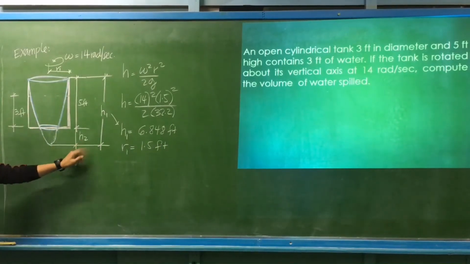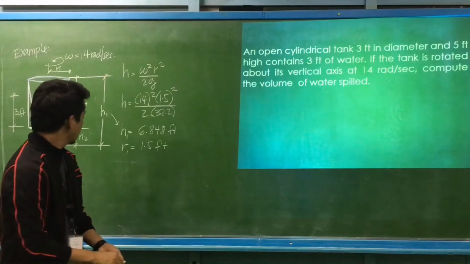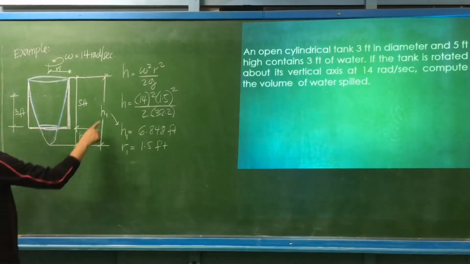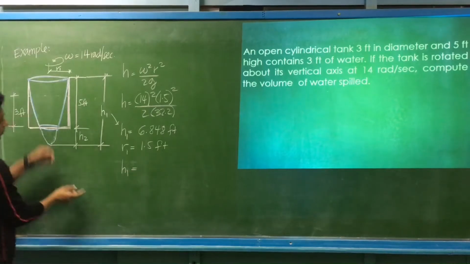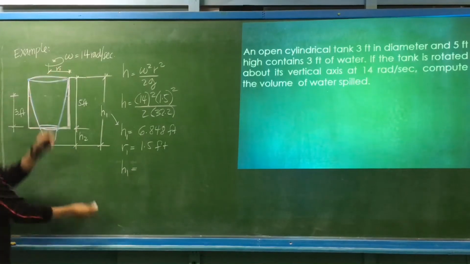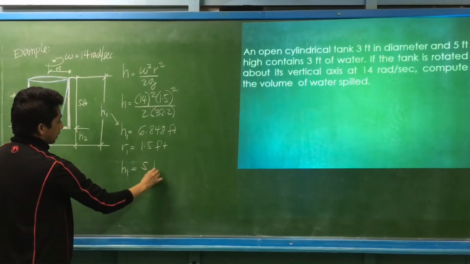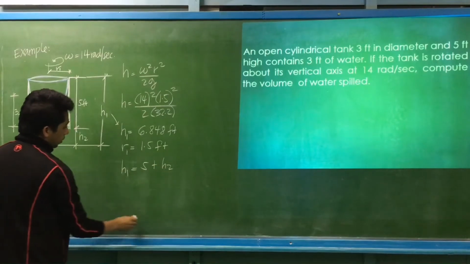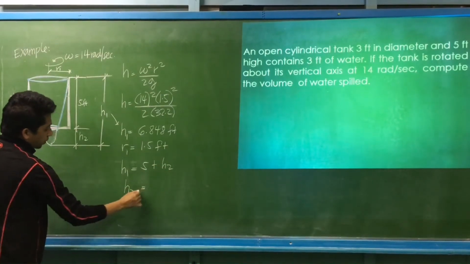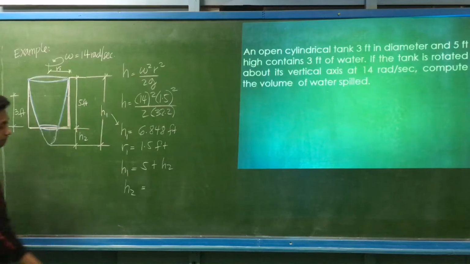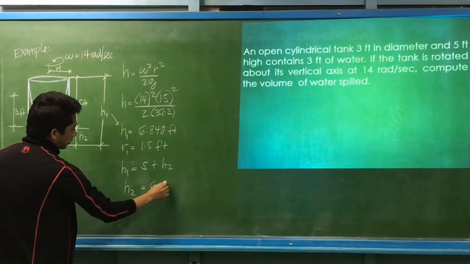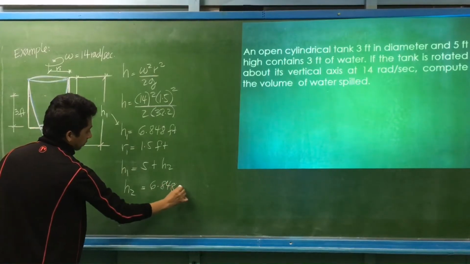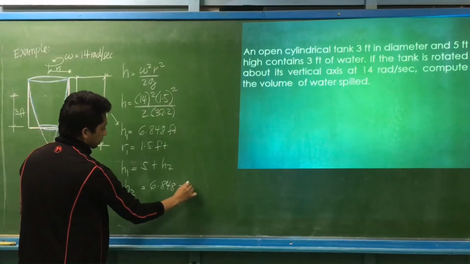So can we now determine height number 2? Obviously, height number 1 is equal to the height of the tank, 5 feet, plus height number 2. So height number 2, the height of the imaginary paraboloid, is height number 1, that is 6.848 minus 5.